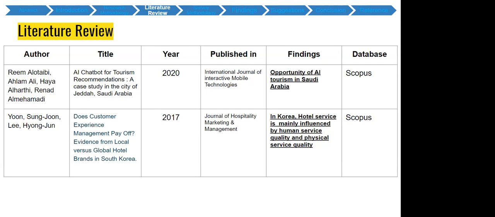So from this article, we started to expect that use of AI might not fit the Korean customers because Koreans are not really open to something new, and also, according to this article, Koreans are mainly influenced by human service quality, not by the new technology service. Can you go to the next slide, please?